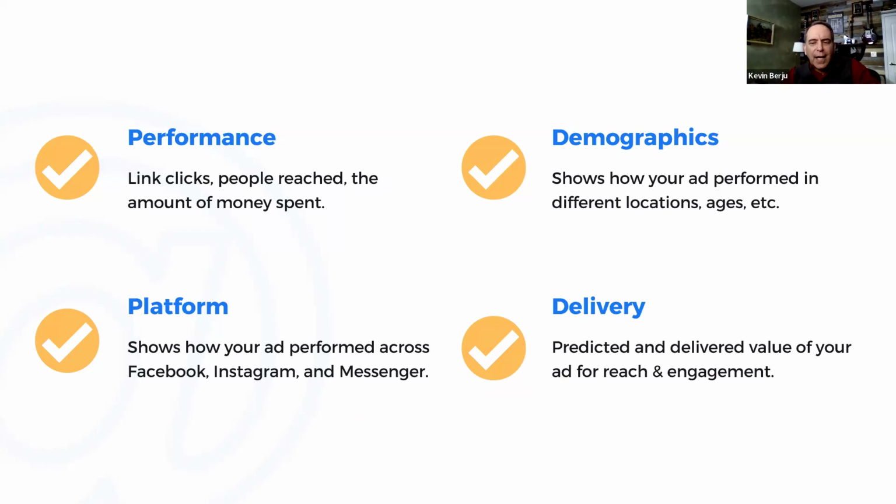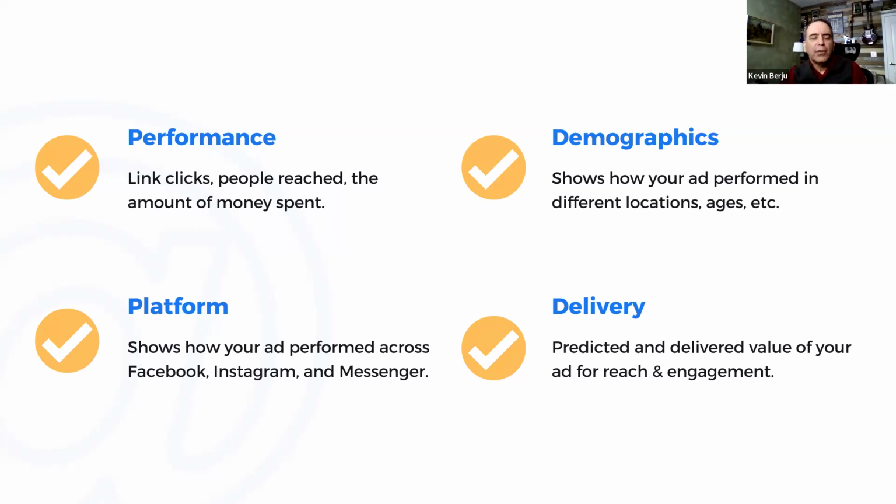You can also compare data, like did it do better on phones, or did a specific ad do better on laptop or desktop? Which can be helpful, because there are certain ways that you can configure an ad to show up better on mobile than it will on desktop or laptop.